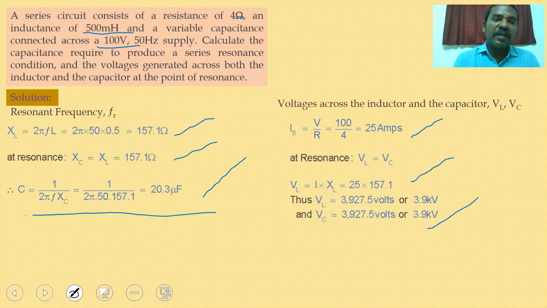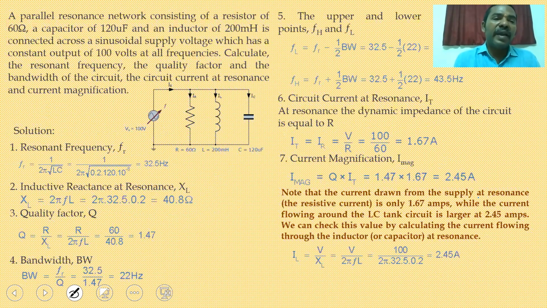Now we are going for the parallel circuit. So here a parallel circuit, resistance they are given 600 ohms, inductance is 200 millihenry, capacitance is 120 microfarads, connected to a voltage source of 100 volts.